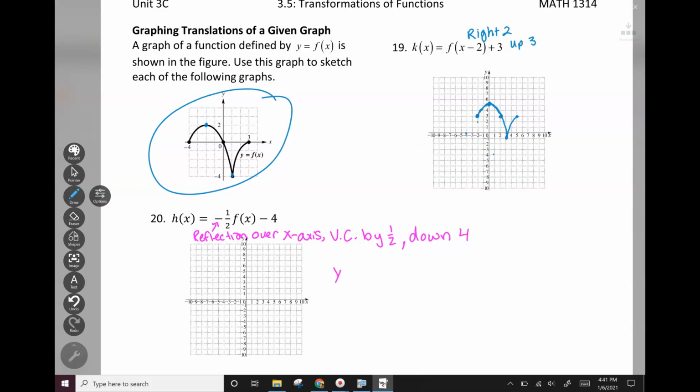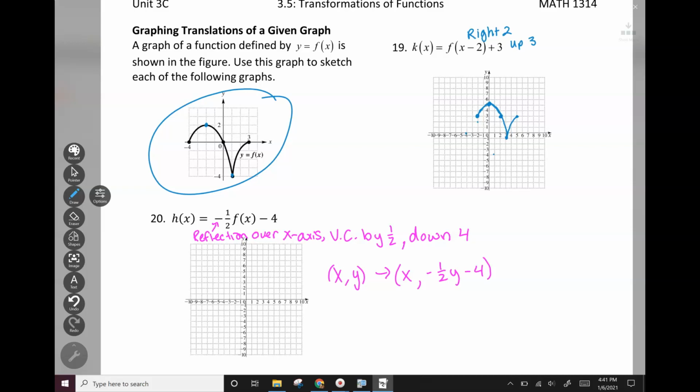So if you wanted to do your coordinates, that would be reflection over x and the 1/2, all three of those things. They're all outside of the function, so they all only affect the y value. So your y values are going to be -1/2 of the original y and then -4.